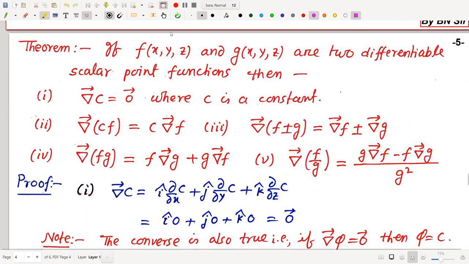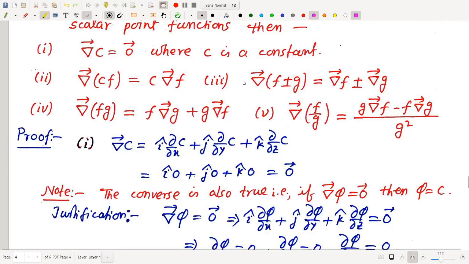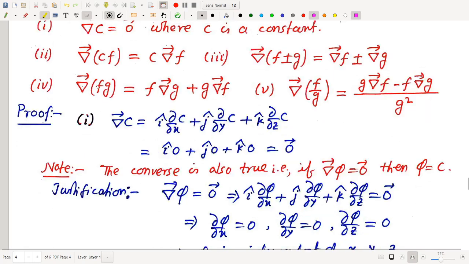Next one, a theorem involving gradient. If f of xyz and g of xyz are two differentiable scalar point functions, then gradient of c equal to 0 vector, del c equal to 0 vector, where c is a constant. Gradient of a constant scalar point function is the 0 vector. Gradient of cf, del cf equal to c del f, c into gradient of f. Okay, a constant can be taken out.